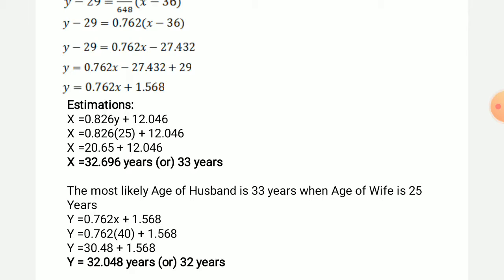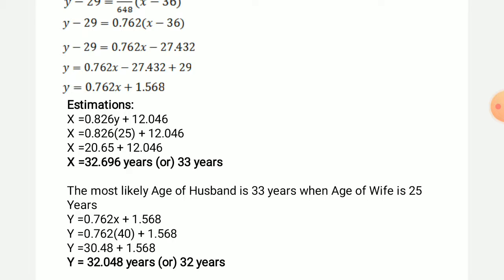So x is equal to 0.826 into 25 plus 12.046. Then x is equal to 20.65 plus 12.046. Therefore x is equal to 32.696 years, or 33 years.